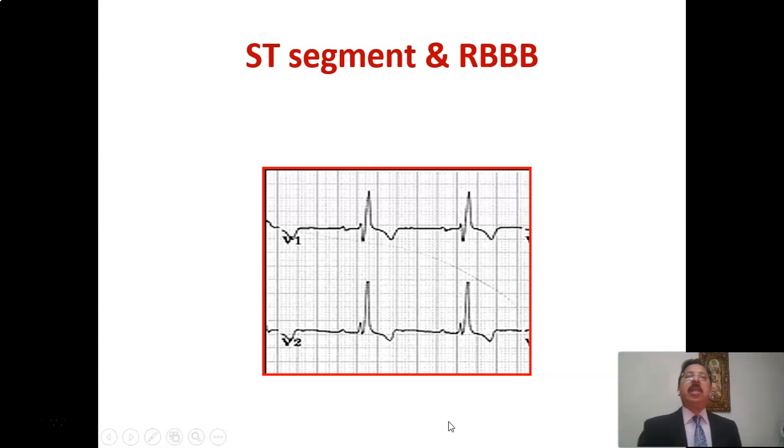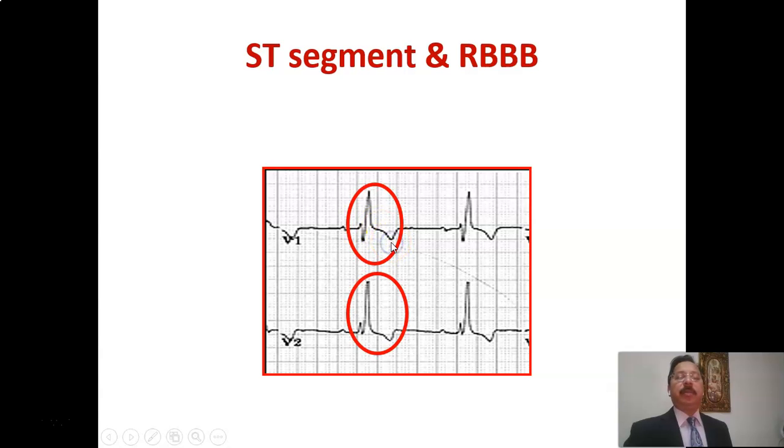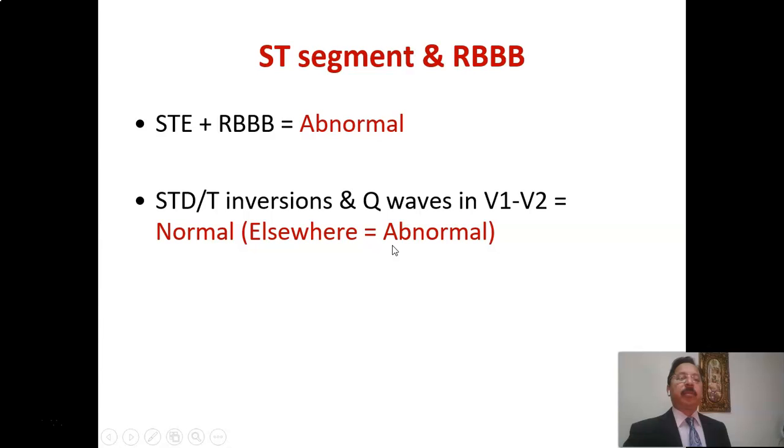Okay, now ST segment elevation can be seen in presence of right bundle branch block. Right bundle branch block means you will get a wide tall R wave or RSR pattern in lead V1. Unlike left bundle branch block, in right bundle branch block any ST segment elevation is significant and abnormal.